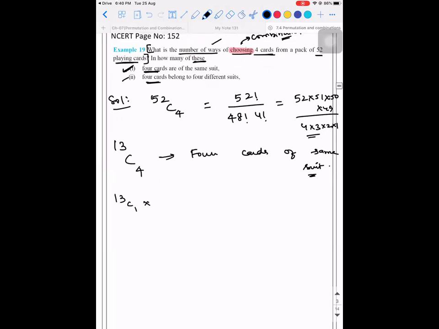So 13C1 into 13C1 into 13C1 into 13C1, sir. This means 13 raised to the power 4, sir. Yes, 4 cards of 4 different suits. I hope it is clear. You guys are able to visualize, right?